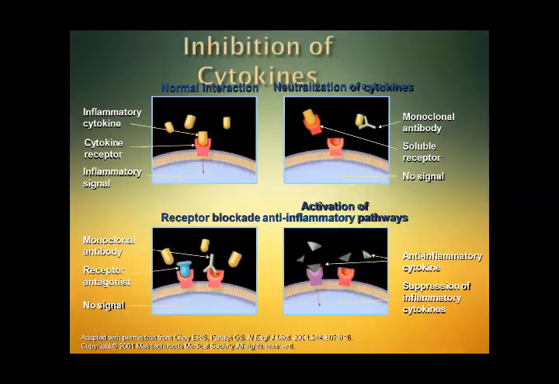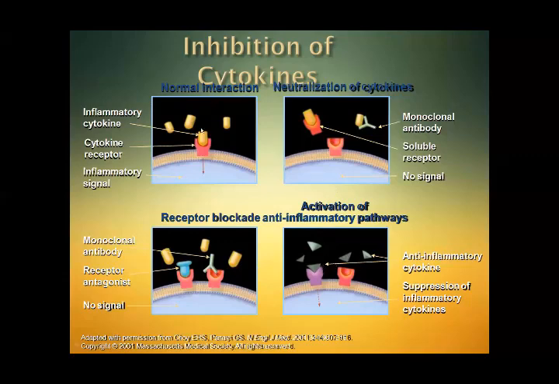and if you look at the tumor necrosis factor, it attaches to the target cells and leads to chronic inflammation. There's another view of inflammatory cytokines. They attach to the cytokine receptors, leading to inflammation of the muscles. With a monoclonal antibody or soluble receptor, there are no signals. If we look at the activation of the receptor in the anti-inflammatory pathway, you use drugs which act on the inflammatory receptors, and they lead to anti-inflammatory cytokines and suppression of the inflammatory cytokines.